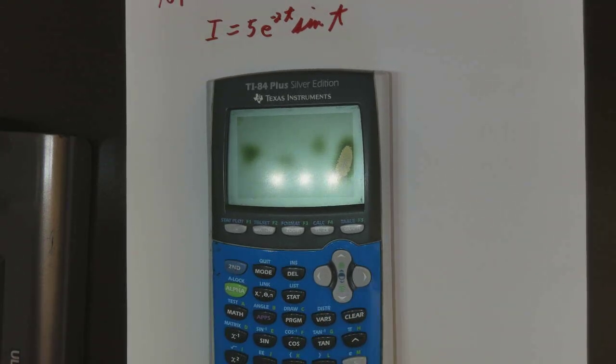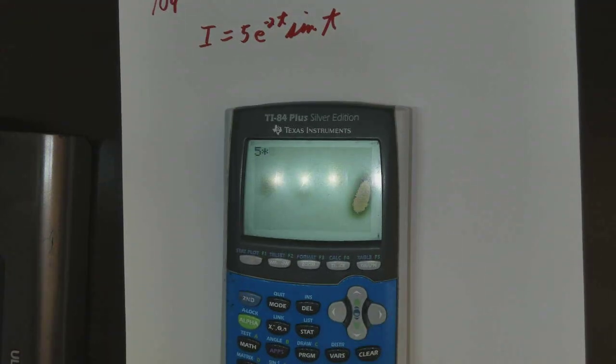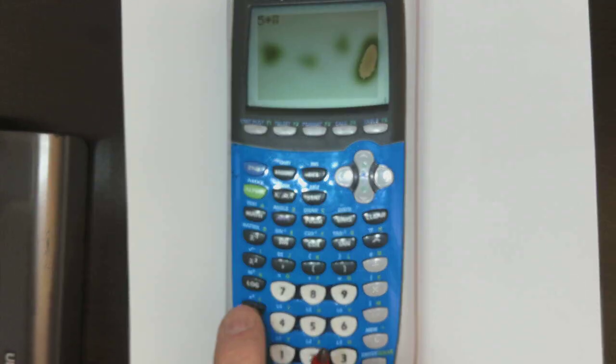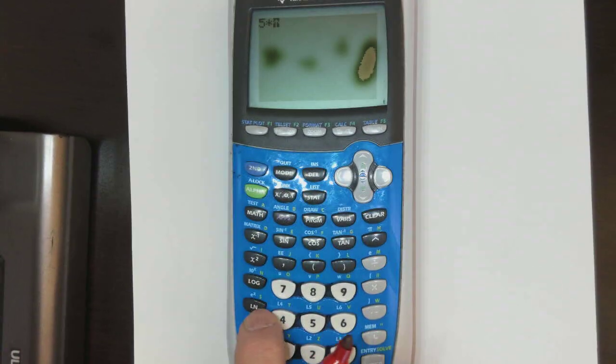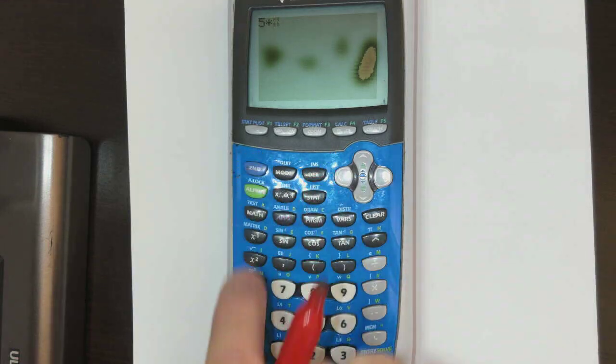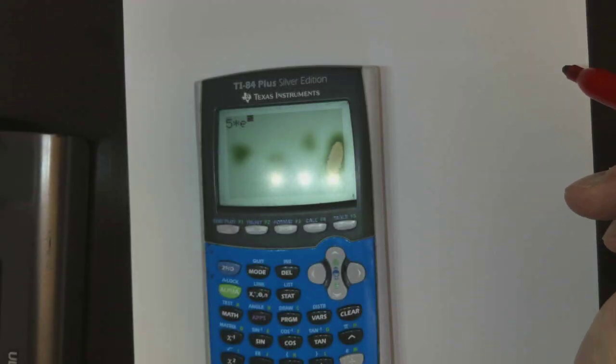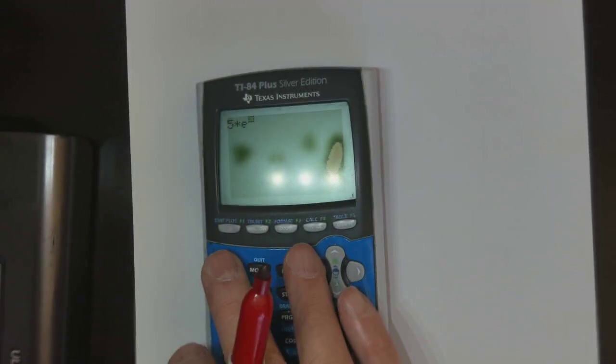But if you need, you could go 5 times, and then the e to the power is right here. If you hit second and you see this LN button, I hit second first and hit the LN button, and e to the power of, and then you can put that sine in.